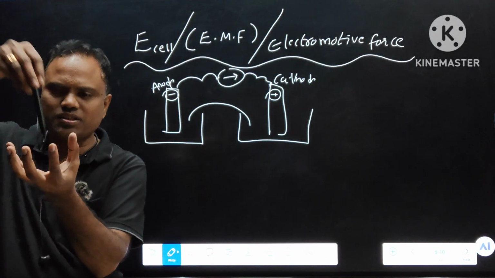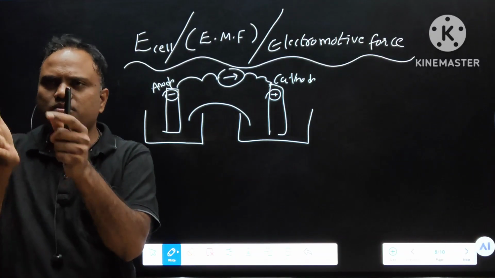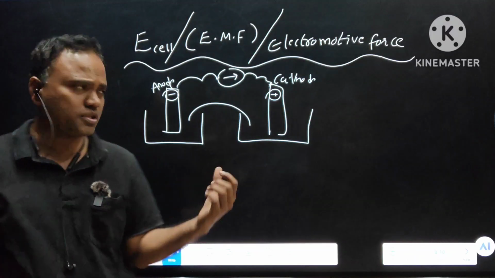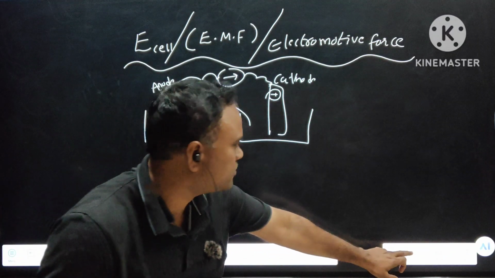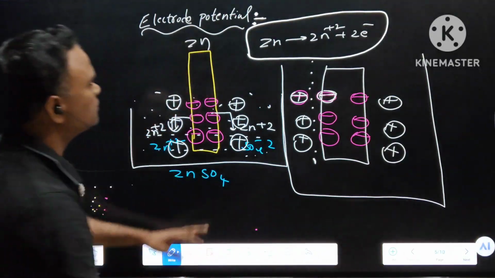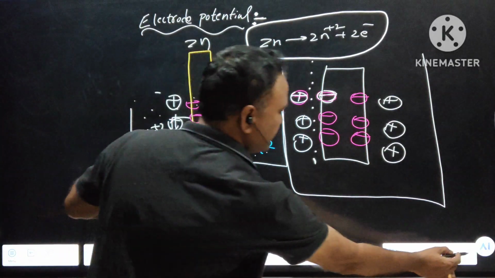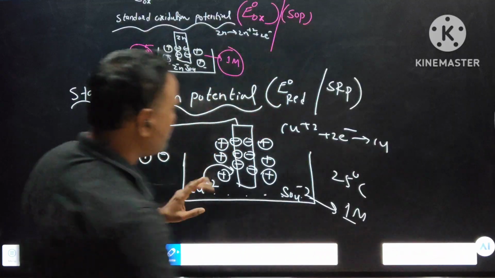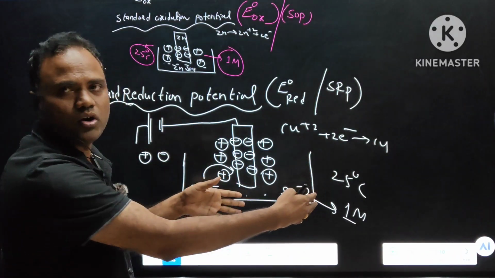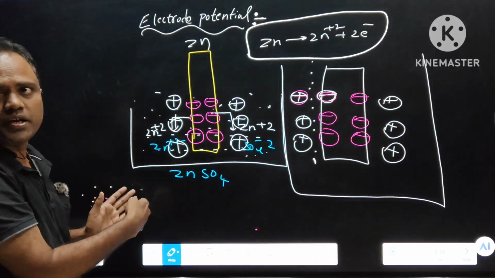When you place this anode rod, some reactions take place, and positive and negative charges exist side by side. Correct? We did this separately just now. Look at this example where I placed the zinc anode, and I gave an example for copper also. This is the right side half cell and this one is the left side half cell.